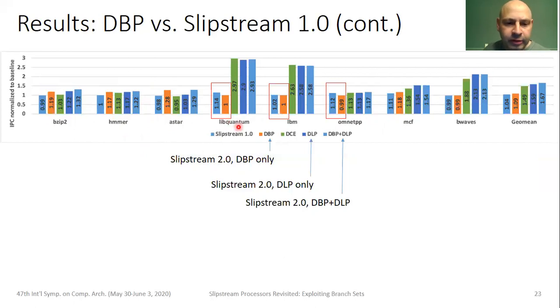You will notice, however, that Slipstream 1.0 does do better than DBP in these 3 benchmarks. The reason for that is these 3 benchmarks don't have a lot of DBP potential, and Slipstream 1.0 does have some prefetching effect, even though it's not intentional.